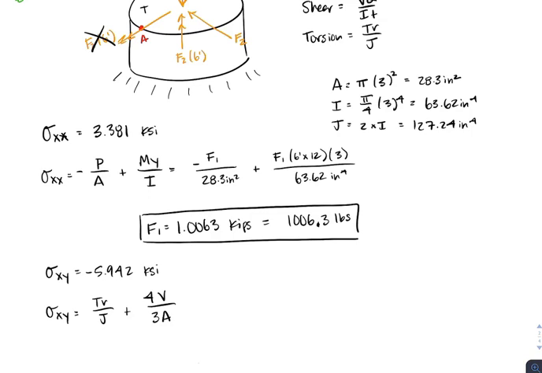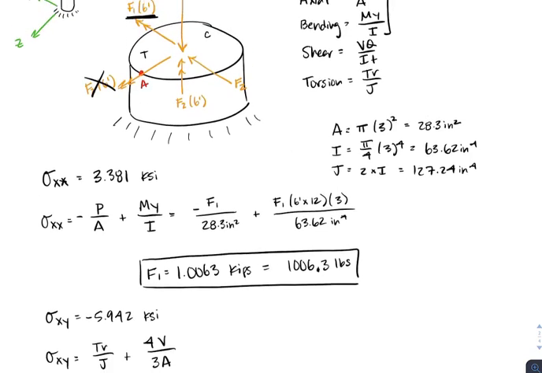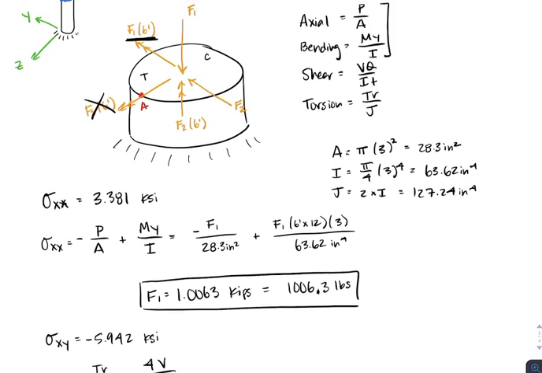And so now let's consider if all of these are positive or negative. We'll look at our torque first. If you use the right-hand rule and figure out what direction the stress is acting right at point A, you'll find that it's going in the negative y direction.